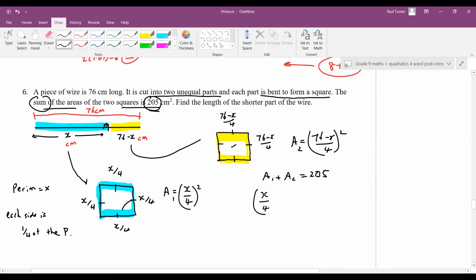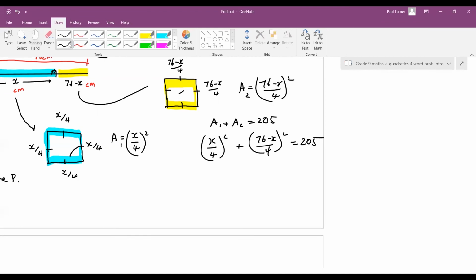So x on 4 squared plus 76 minus x, sorry, on 4, squared. Okay. Equals 205, like that. So it looks like a big equation, but it actually simplifies not too badly.